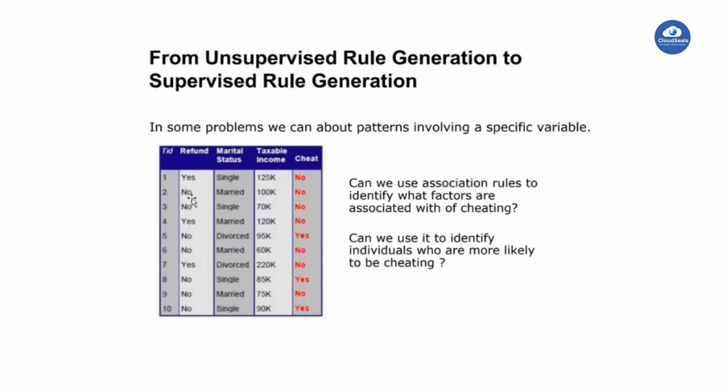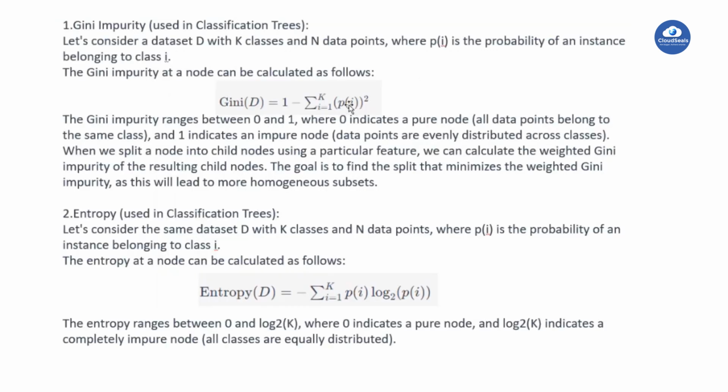So whenever we are able to say by using this refund variable with 100% whether it is cheat or no, we will get probability 1. Whenever we apply that probability value here, 1 minus 1, that is 0, indicates the pure node. That means all data points belong to the same class.